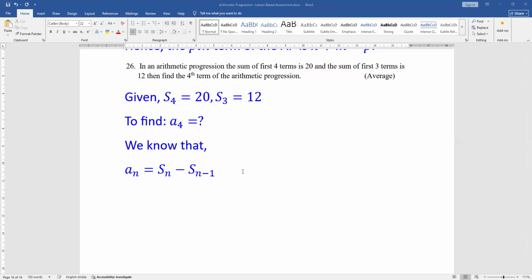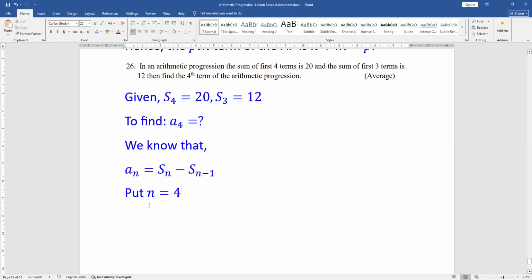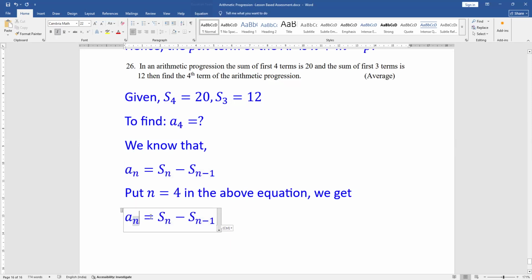Now, in order to get this particular answer, that is A4, I put n equals 4 in the above equation. We get: I just write down this same equation, where n I replace with 4.